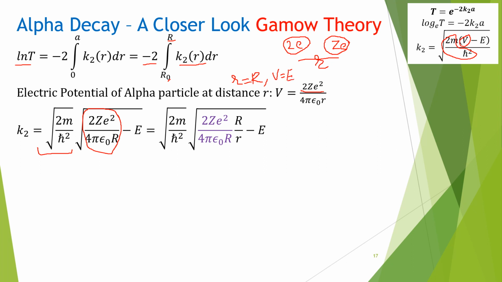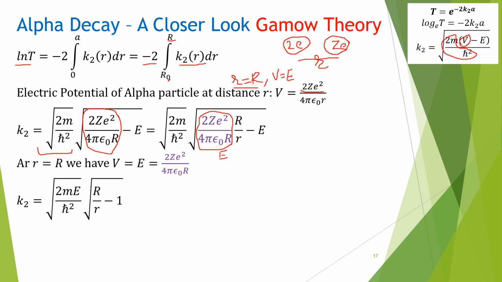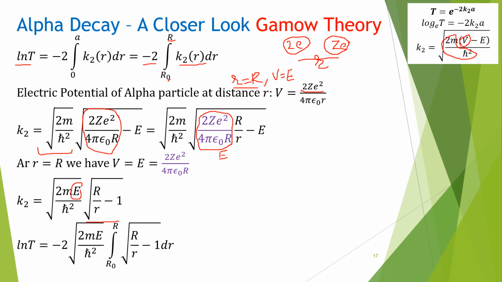So here we are making some adjustment, R upon r, where r is equal to R, and we are replacing this quantity by electric potential V, and that V is equal to E. So we want to take E common, and we are left with the bracket under root capital R upon small r minus 1.